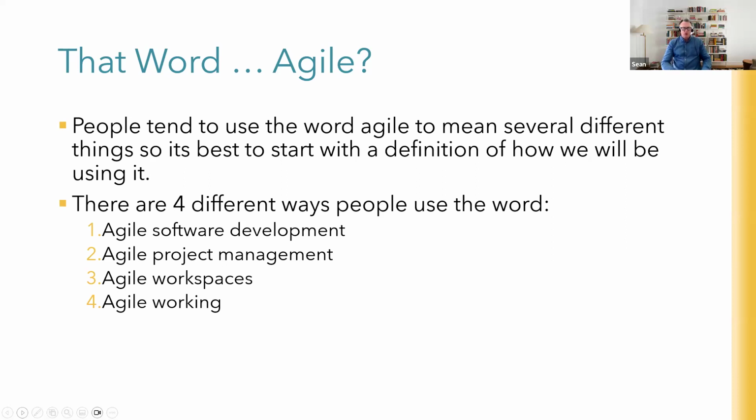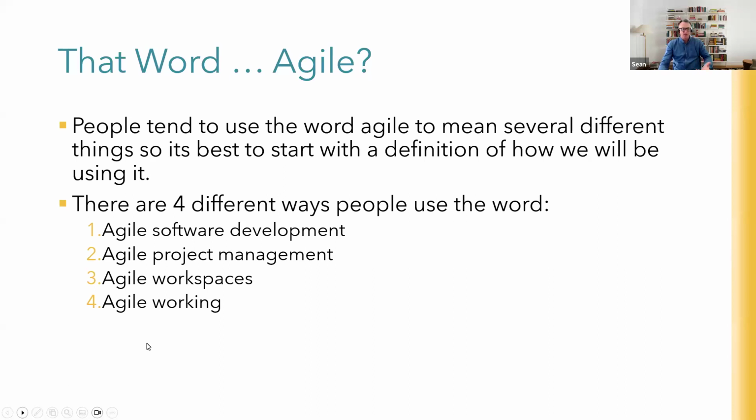So I wrote a blog a few years ago. You can find it on this website somewhere. I noticed online that there are actually 4 different ways that people use the word Agile. If they're not using it in the same way, they end up in arguments. So let's run through all 4 of them.